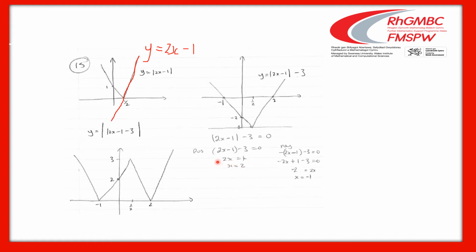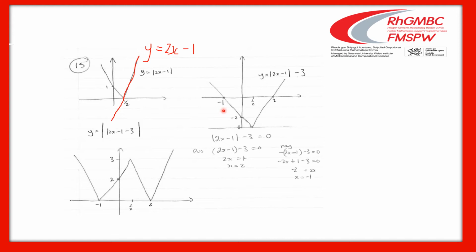Because of the modulus, if we put the positive value of 2x minus 1, minus 3 equals 0, we get x equals 2, and also then the negative of the expression, minus (2x minus 1) minus 3 equals 0, will give us another cross point when x equals minus 1, to give us these two coordinates here and here where the graph crosses on the x-axis.